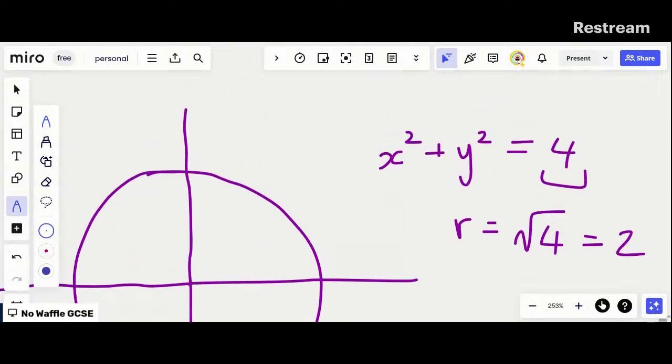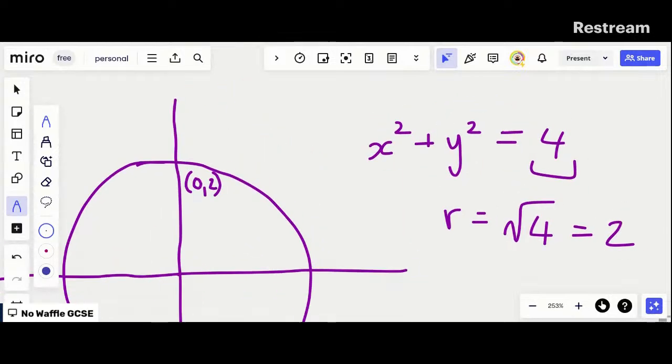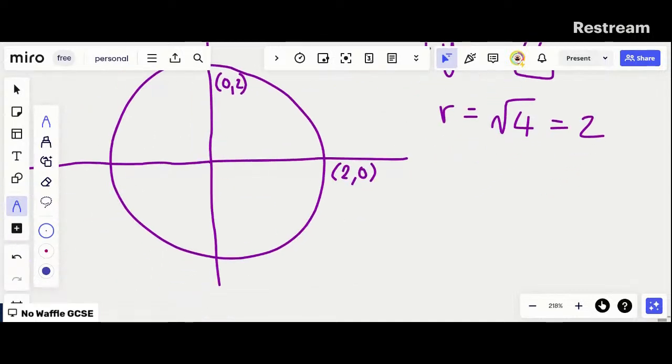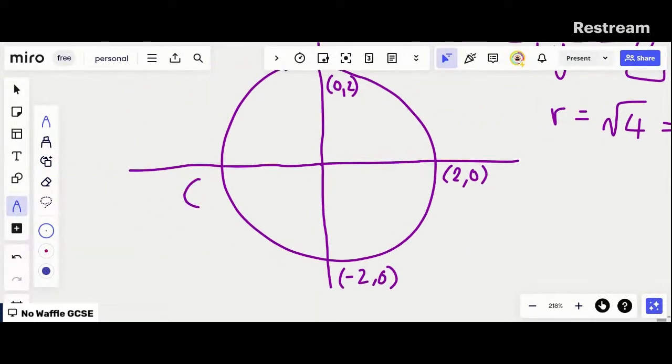And therefore it intersects here at 0, 2, here at 2, 0, here at 0, minus 2, and then minus 2, 0.